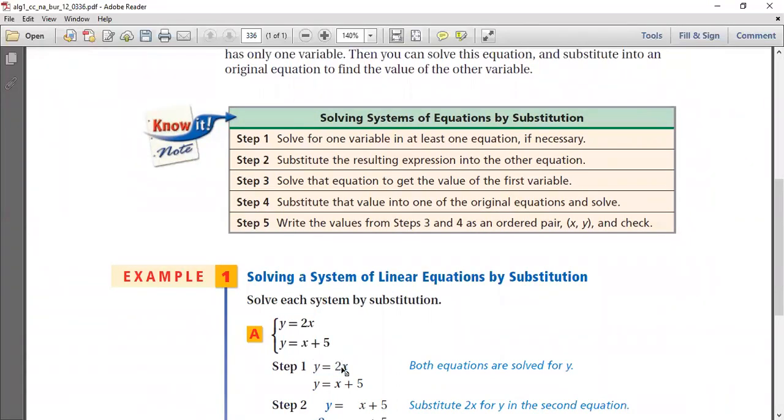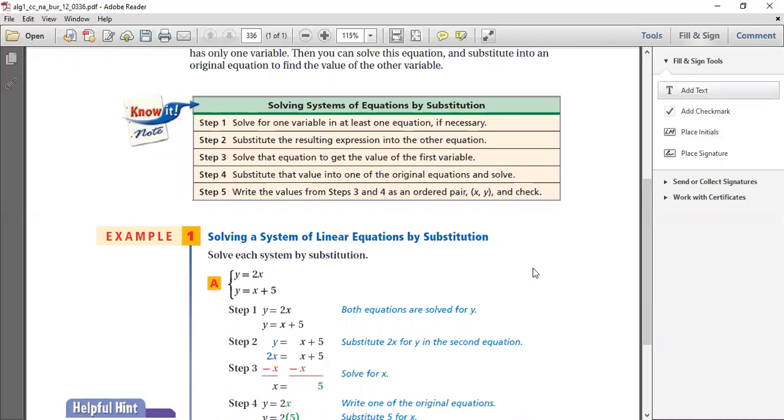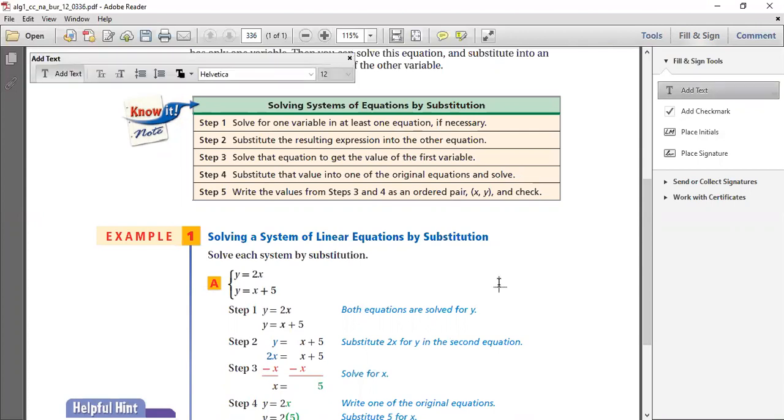Now what I will do is, in place of this y, I will write x plus 5. In your book, they have given you the other way of doing it, but let me show you the easier and more practical way of doing it.